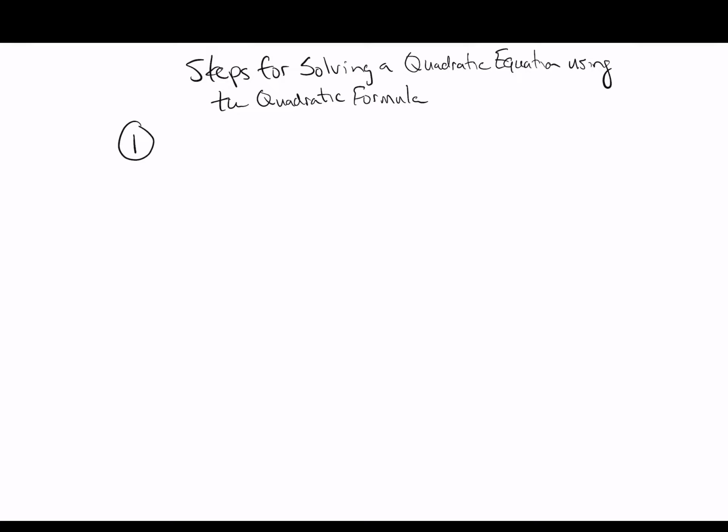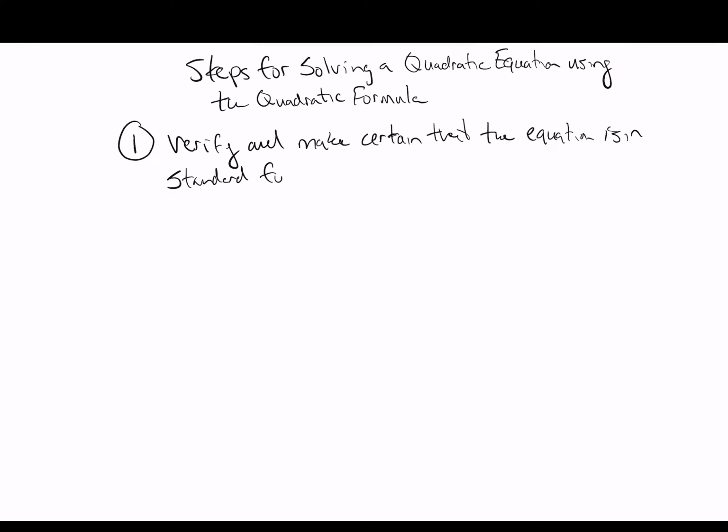Well, our first step is to verify and make certain that the equation is in standard form, ax squared plus bx plus c is equal to 0.